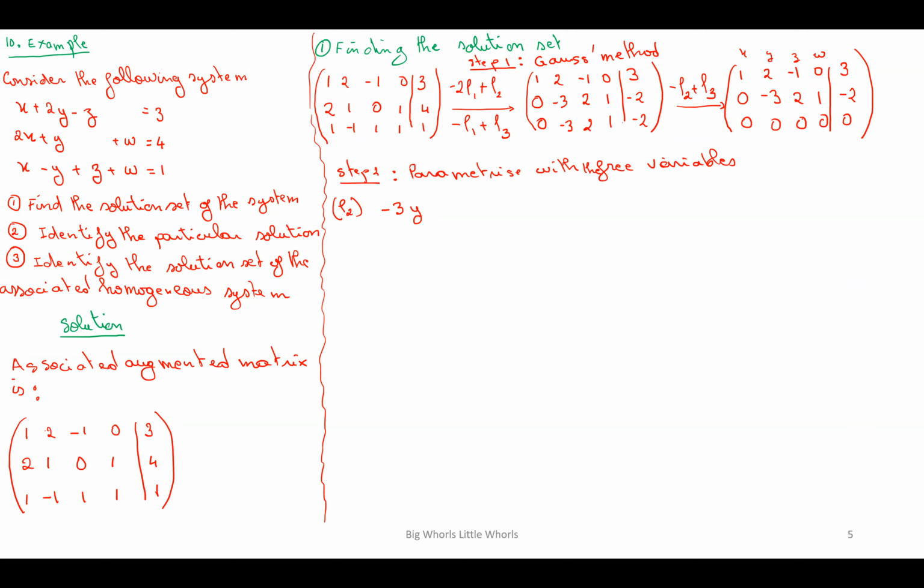We have 3 types: no solution, unique solution, or infinitely many. Here we have infinitely many because we have arrived at echelon form. We have no contradictory equation or row, but we don't have a row where each variable is leading. We have 4 variables in total, but only 2 leading variables, and Z and W are leading no rows.